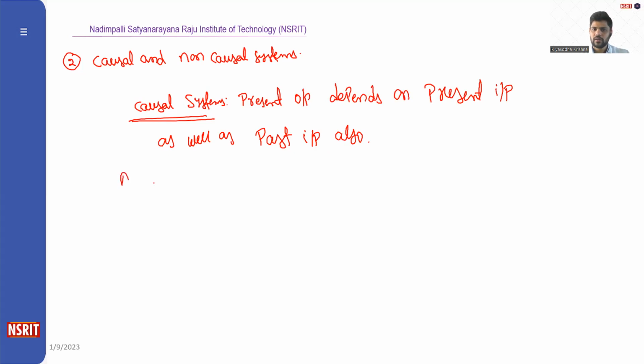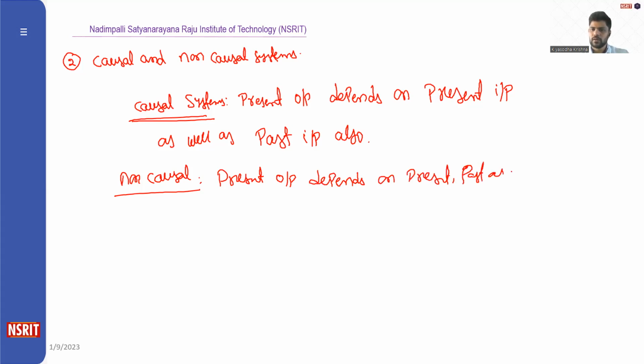And obviously non-causal means the present output depends on present, past as well as future also. Let's take some examples.